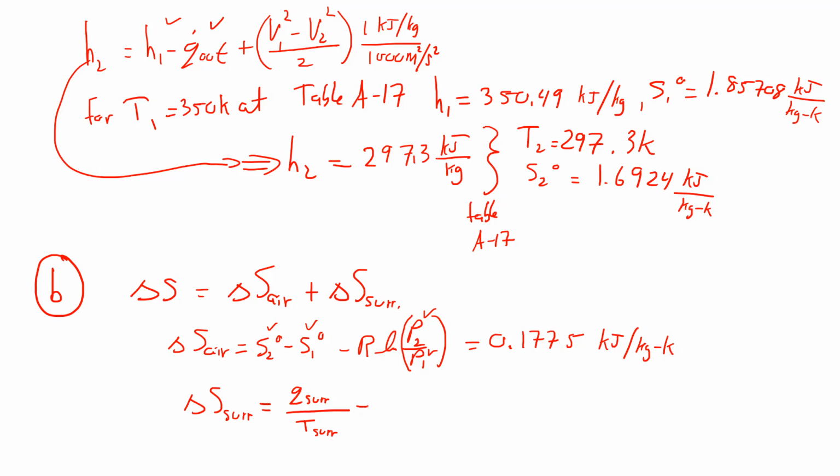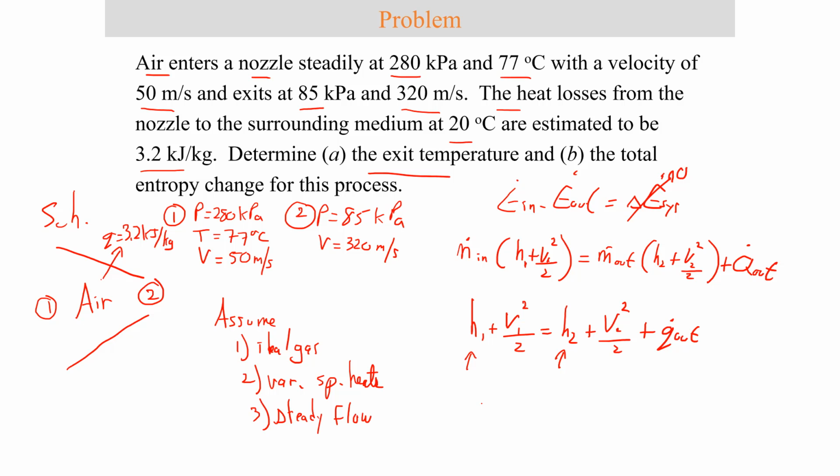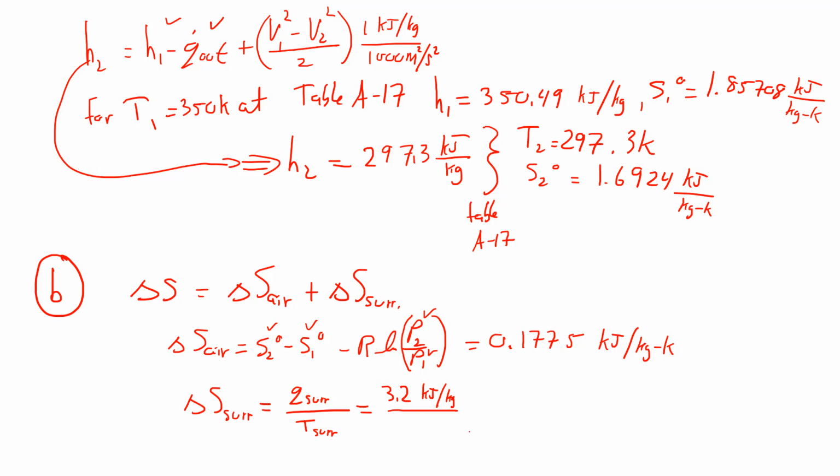So you would basically take the heat transfer, 3.2 kilojoules per kilogram, that is the heat transfer per mass lost by the nozzle, divided by the temperature of the surroundings, which in this case is 20 C, so that'll be divided by 293 Kelvin, and you would get that the entropy change of the surroundings, or entropy transfer by heat, is 0.0109 kilojoules per kilogram Kelvin.